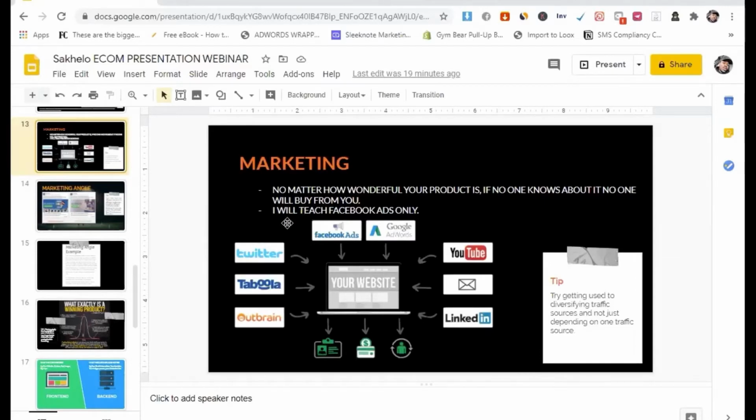That is why marketing is so important. You can actually use any type of marketing. You can go from Facebook ads, Google AdWords, YouTube, whatever you want to do, as long as there's traffic, people coming to your site, seeing your products.